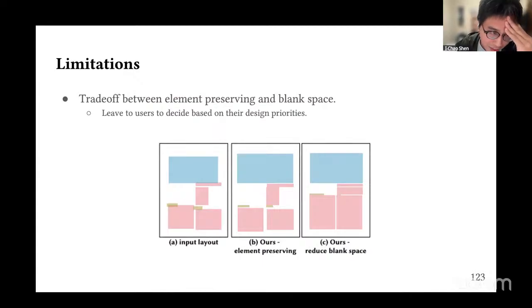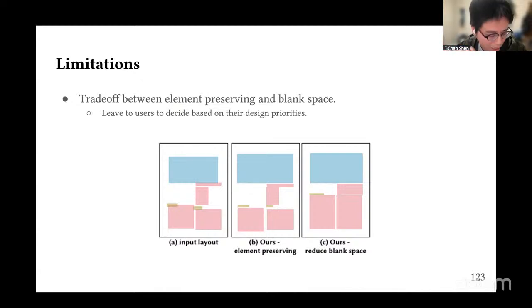So of course, there are still some limitations, because if you have a lot of elements, then it becomes a trade-off, like how to really improve them while keeping their element properties, like size and aspect ratio. But if you also want to reduce some blank space for certain elements, for certain design tasks, then there's a trade-off between these.